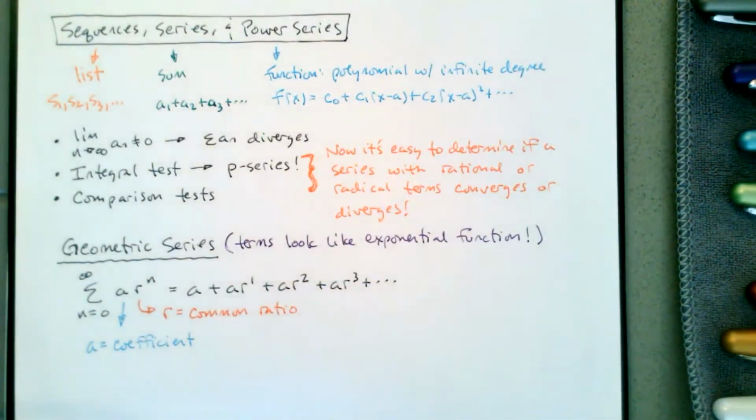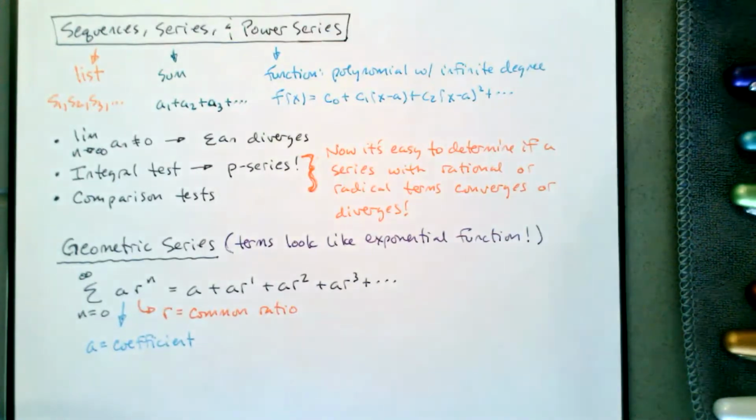One thing I want to point out is that the coefficient is going to be distinct from the first term. In our calculations, we're going to want to refer to the first term. Note that the coefficient is not necessarily the first term.